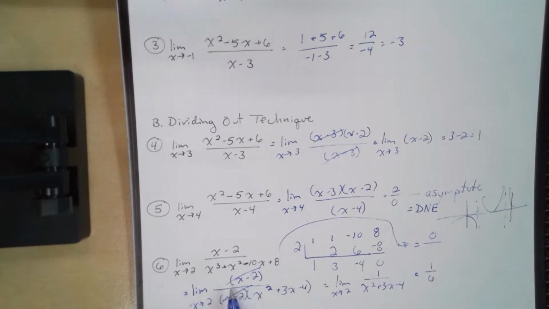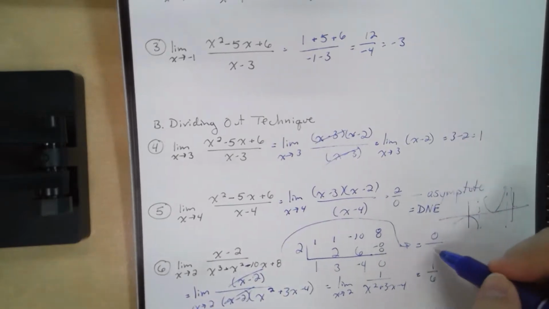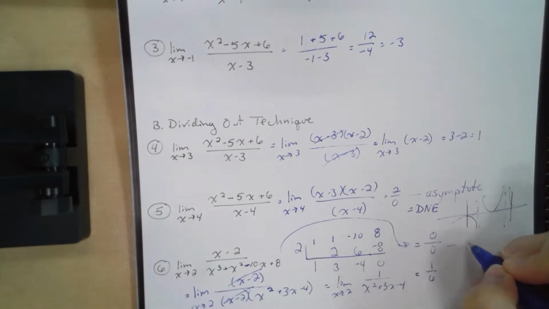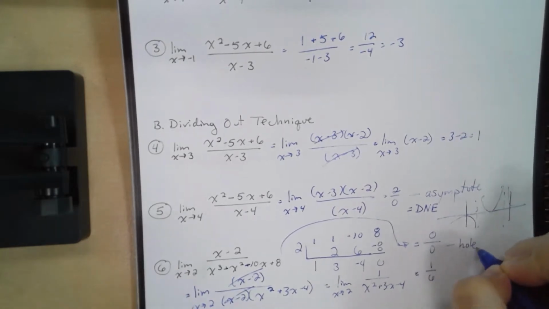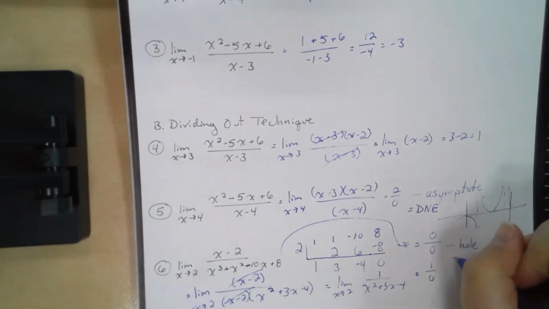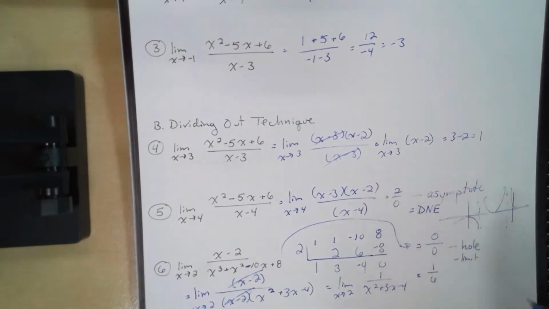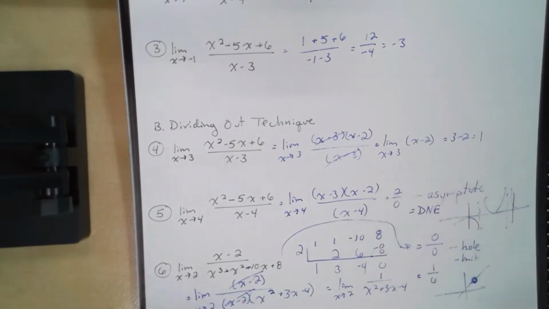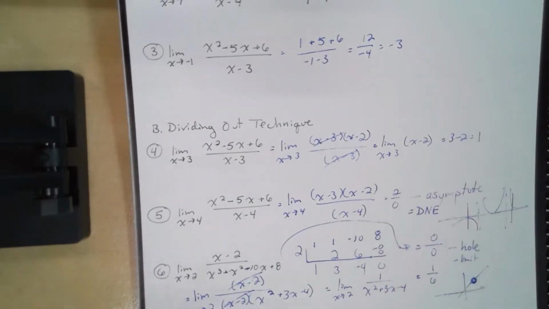It looks like this is all going to cancel out. I'm going to get 0 over 0. If I have 0 over 0, I know that I have a hole in my graph. And if there's a hole, there's a limit, right? Remember, our holes look like something like this, right? There's a limit here. There's a hole. There might not be an f of x, but there's actually a hole. There is a limit that exists for this problem.